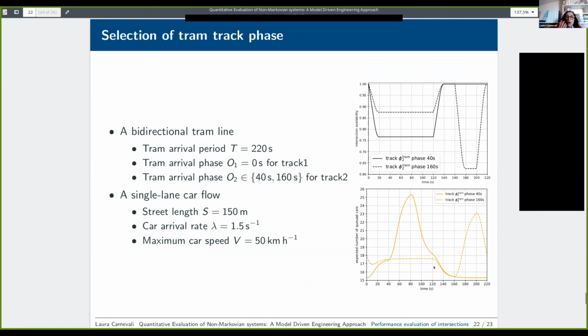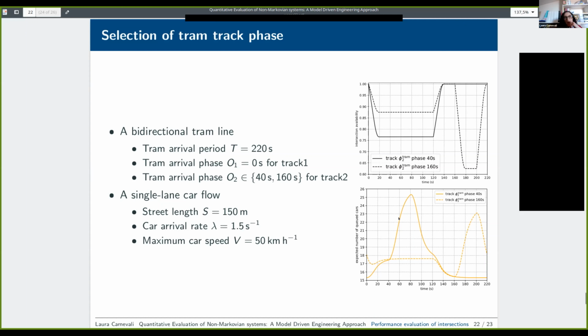Finally, we could also exploit this to select a convenient phase for tram tracks. So in this case here, we have a bidirectional tram line, and we assume that the phase of the first track is equal to 0, and we experiment with 2 different values of the phase of the second track. The first case is the one with the non-dashed line.